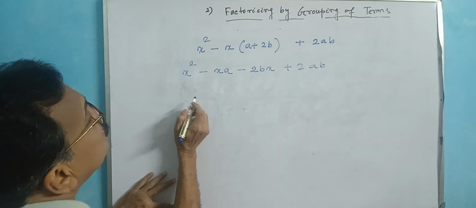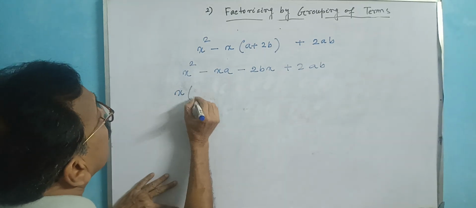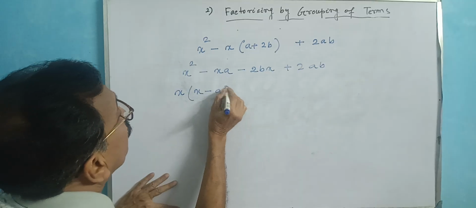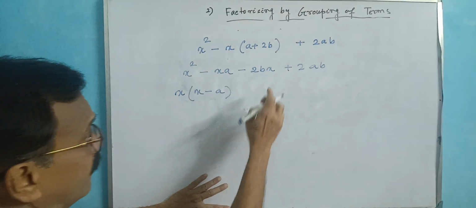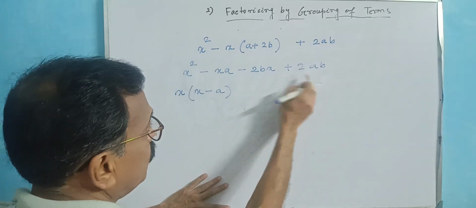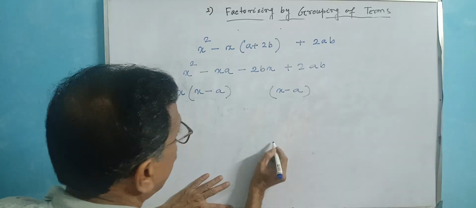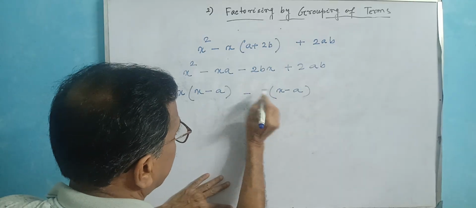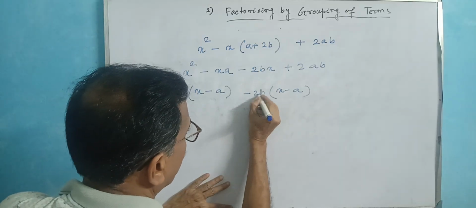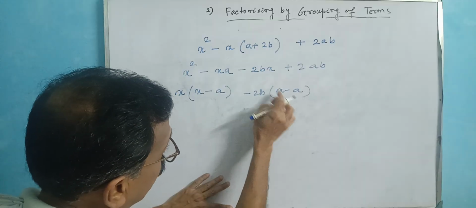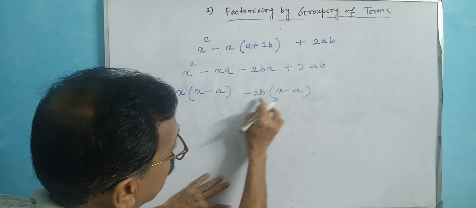So from there you just group it. So x minus a is common. Here is x, here is a, and 2b, 2b. So here is also x minus a common. Okay. So minus 2b is common. Just you multiply: minus 2bx, minus minus plus 2ab.